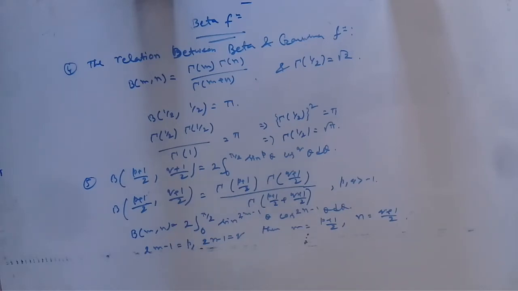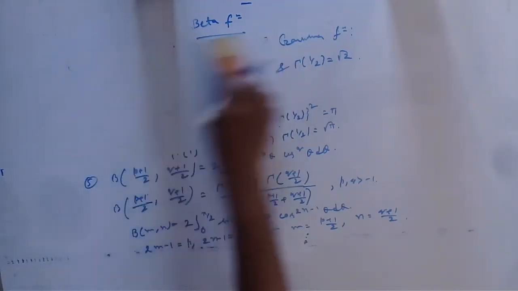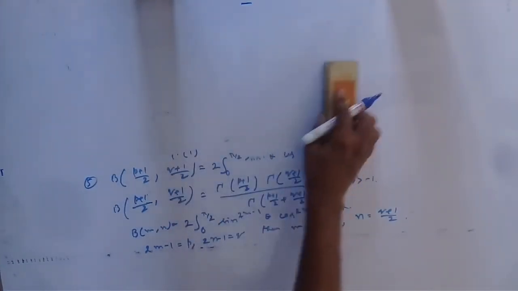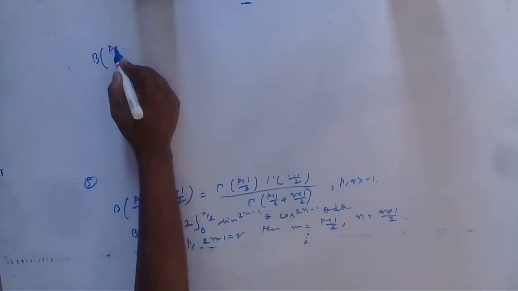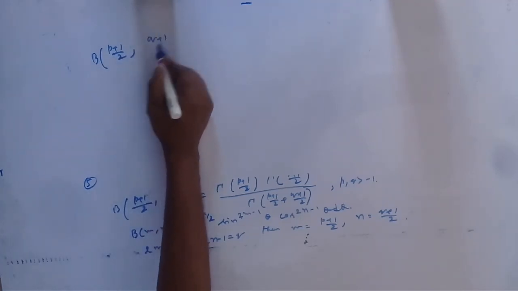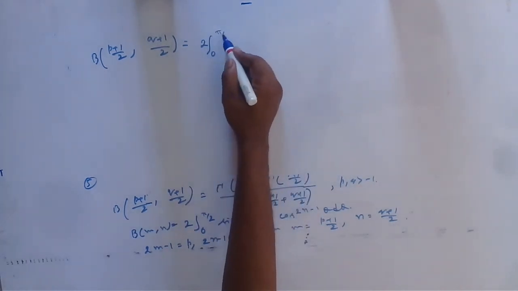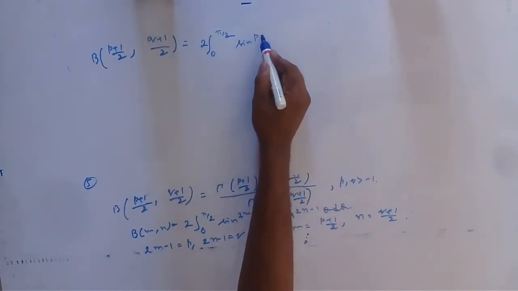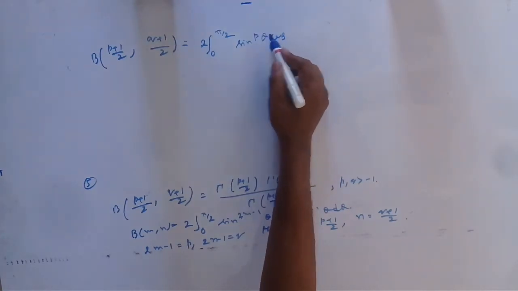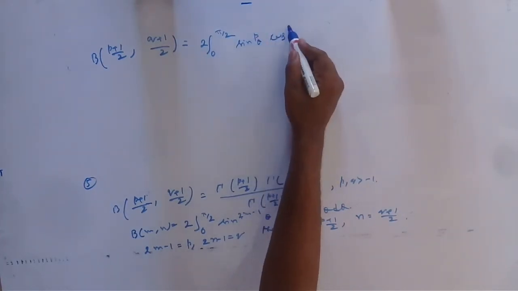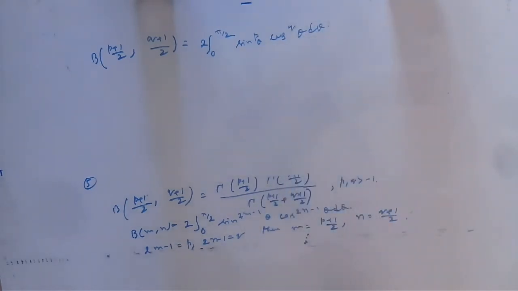So beta of ((p plus 1) by 2, (q plus 1) by 2) equal to 2 into integration 0 to pi by 2 sin to the power p theta cos to the power q theta d theta.